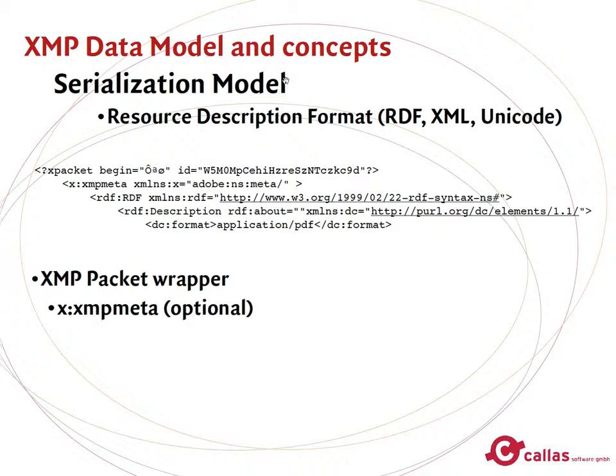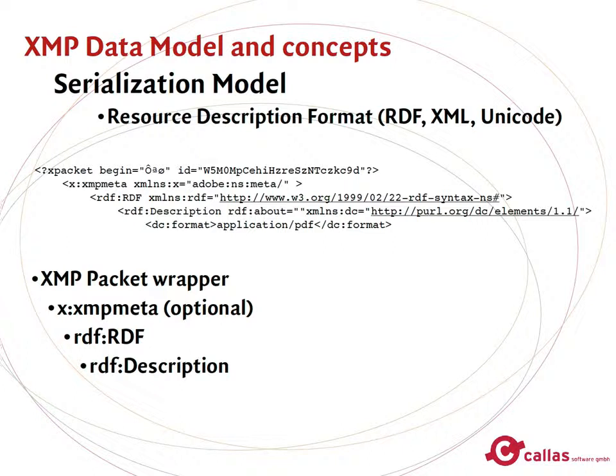Okay, then comes an optional xmpmeta tag that can be skipped. Inside there's an RDF tag that is part of the resource description format. It has to be there. And then comes a description tag. And the description tag is just a wrapper for all the properties inside the metadata. And in the description tag, we also see something that looks like a URL.